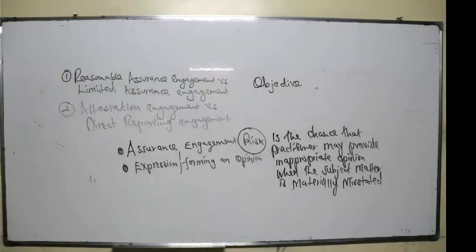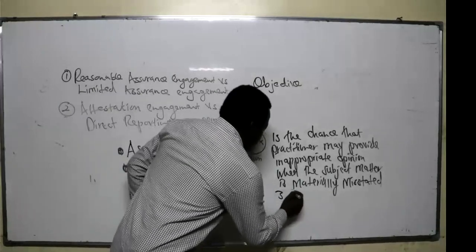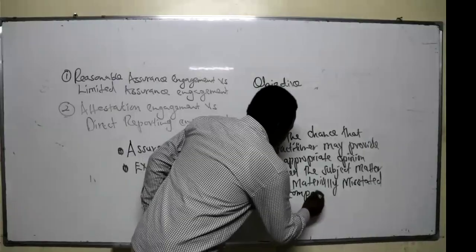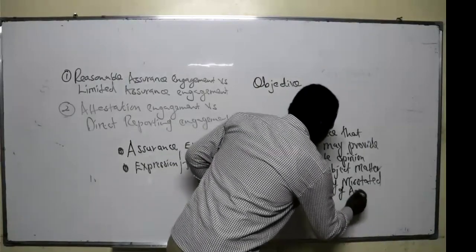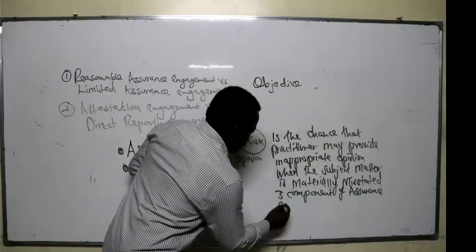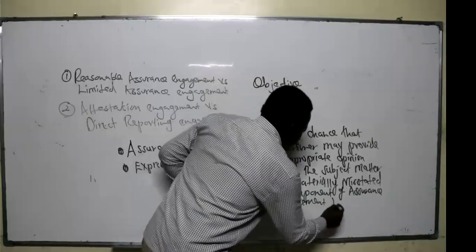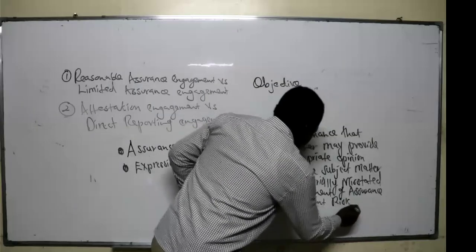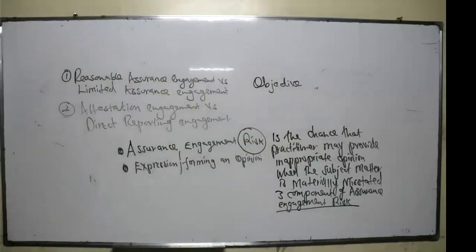We have three components of assurance engagement risk.